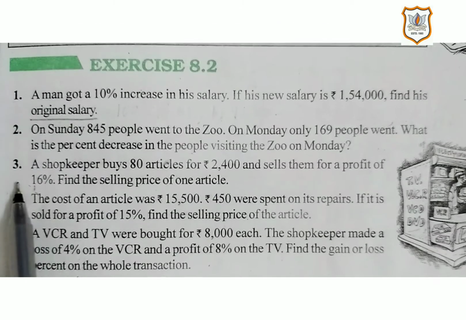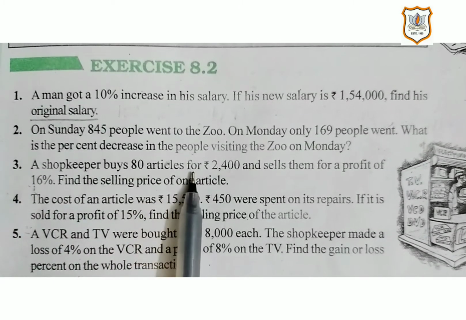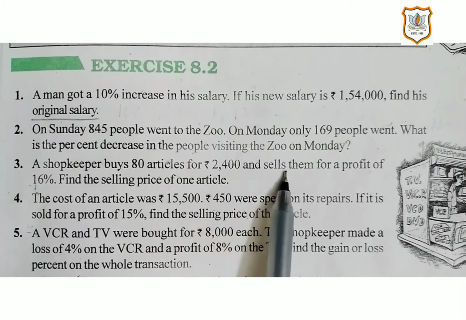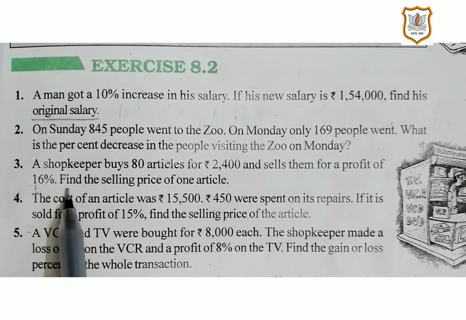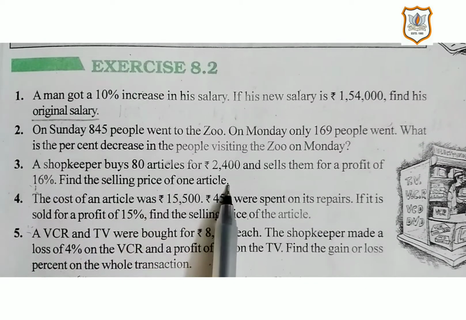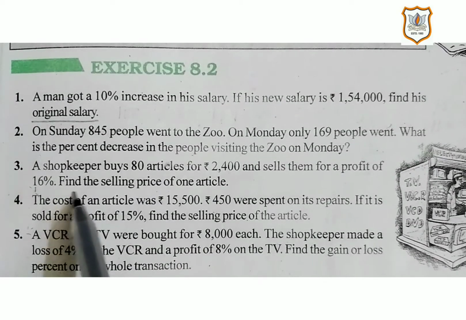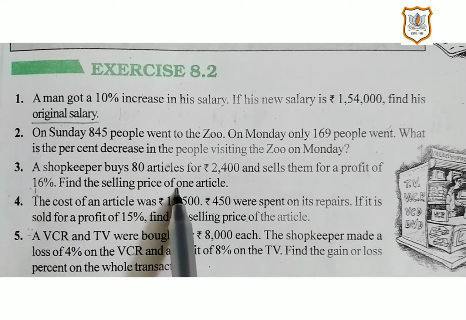Now we will take the next sum. A shopkeeper buys 80 articles for rupees 2,400 and sells them for a profit of 16%. Find the selling price of one article. Students, in this question, we will find the selling price of one article.